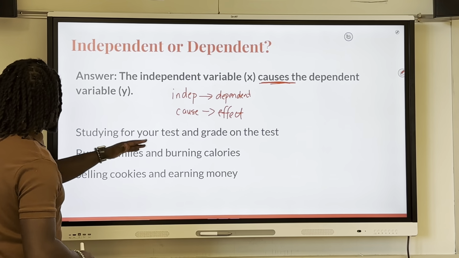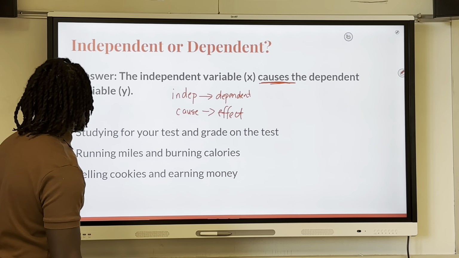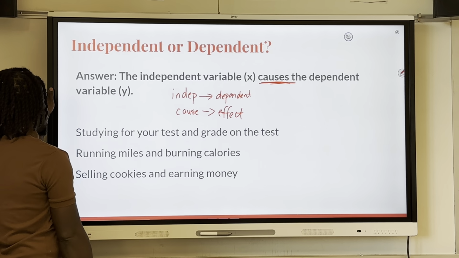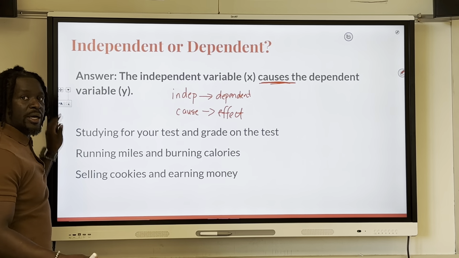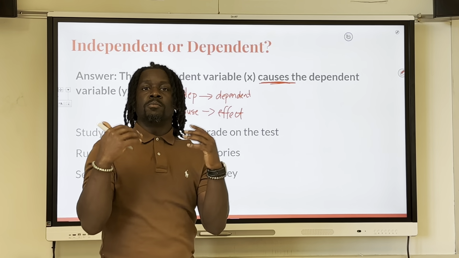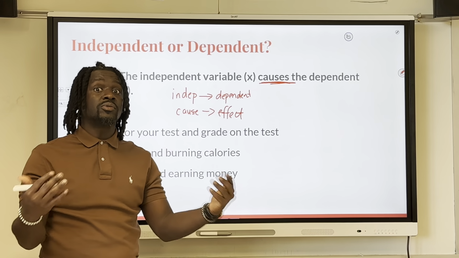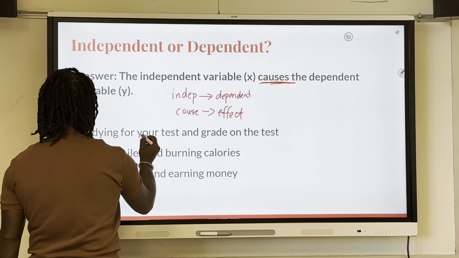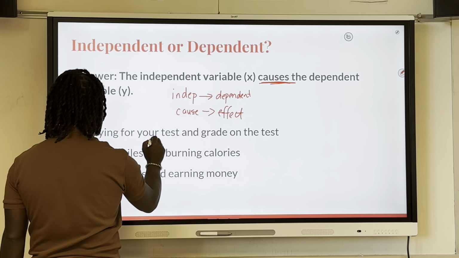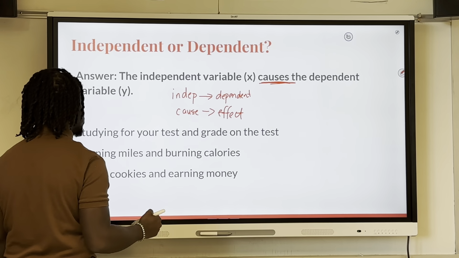So let's think about it in this next problem. We got a couple examples here. Studying for a test and your grade on the test. Well, just think about it. The more you study, or don't study, that is going to affect or impact your grade. So in this case, studying is the thing that causes the grade on the test.